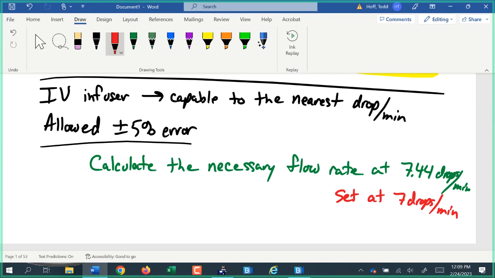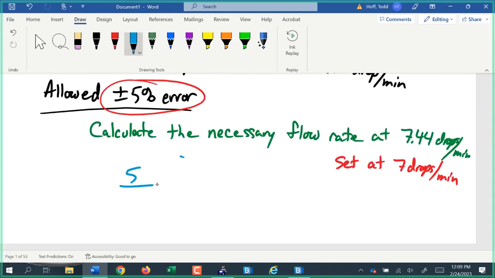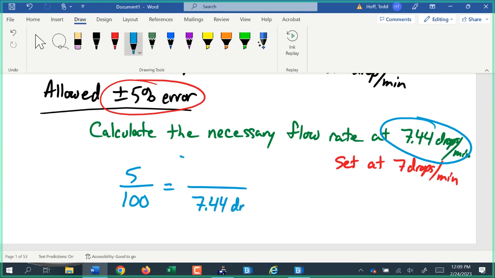But is that within the 5% error? Well, let's take a look. So 5% is 5 out of 100. And now again, we have to make sure we find the base amount. The base amount is the calculated amount of the dosage. That's the 7.44 drops per minute. And now we cross multiply and divide.